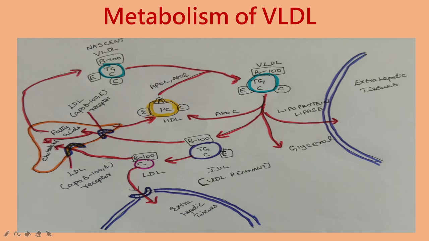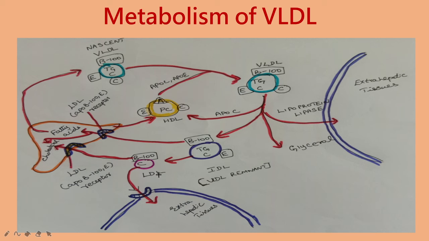The fate of this IDL or VLDL remnant is that it will be taken up by the liver cell. So here VLDL will be acting as the precursor for IDL formation. IDL in turn will be the precursor to form LDL, that is low density lipoprotein.